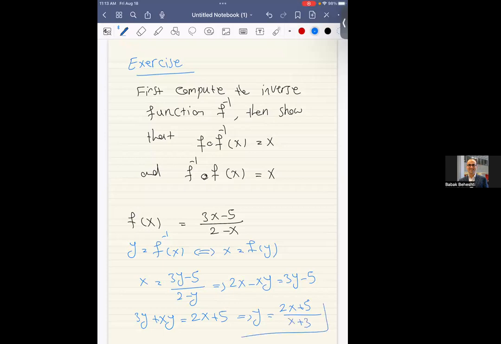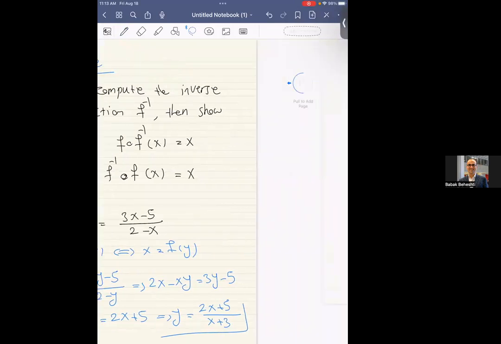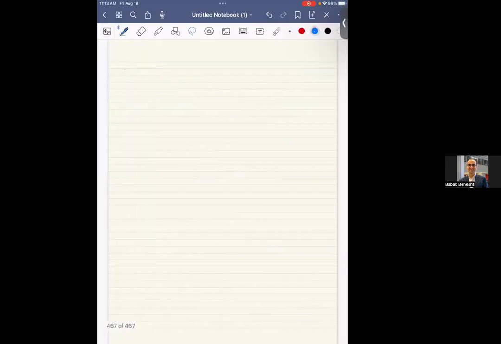Is that right? Is that the inverse you got? 2x plus 5 divided by x plus 3. Okay. 3 plus x or x plus 3 are the same. So you have f of x, 3x minus 5 divided by 2 minus x.